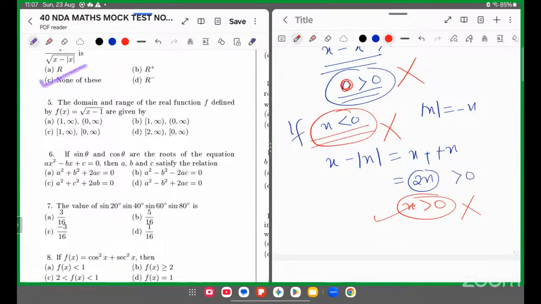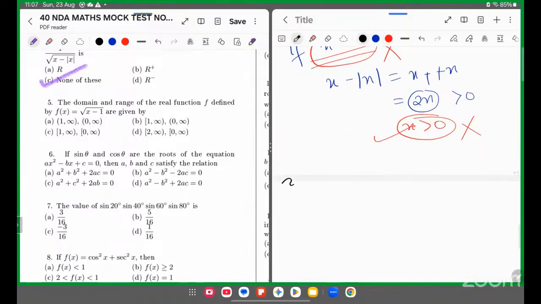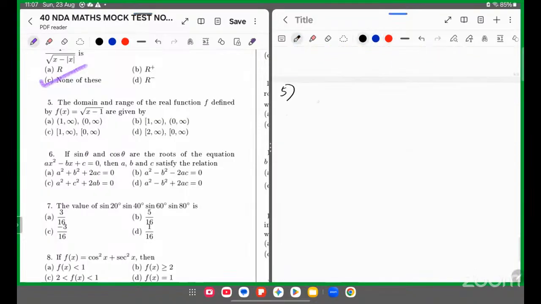Question number 5. The domain and range of the real function f defined by f of x is equal to root of mod x minus 1. There x minus 1 should be greater than or equal to 0. So x is greater than or equal to 1, that is 1 to infinity.